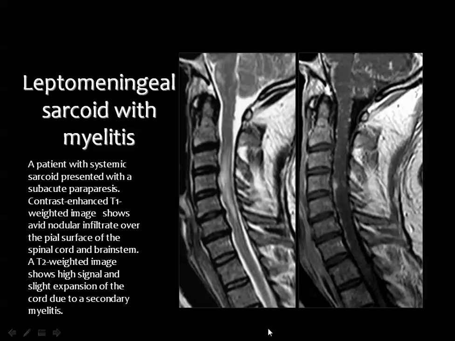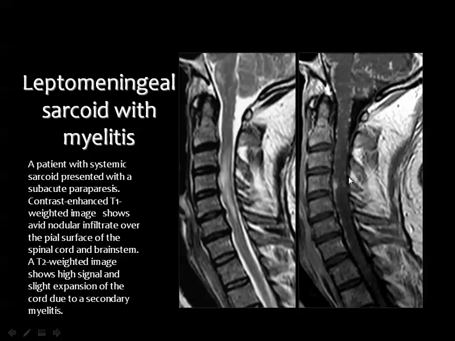And sarcoid will lead to a form of myelitis, and the myelitis will appear of low signal in the T1, high signal in the T2, but very particularly if you inject contrast media, you get this characteristic or highly suggestive appearance, which is leptomeningeal sheets and nodules, enhancing lesions along the borders of the spinal cord as well as in the basal cisterns.